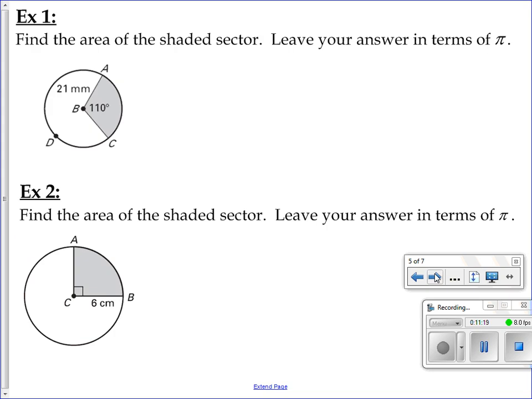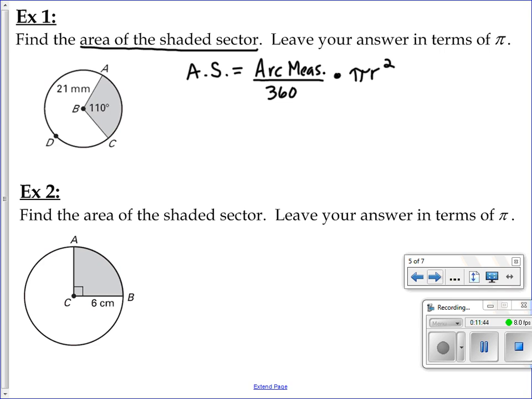Okay, example 1. We're going to find the area of the shaded sector, and we're going to leave our answers in terms of pi. So let me just jot down the formula. Area of the sector equals arc measure over 360 times area of a circle, which is pi r squared. And now let's fill in what we know.